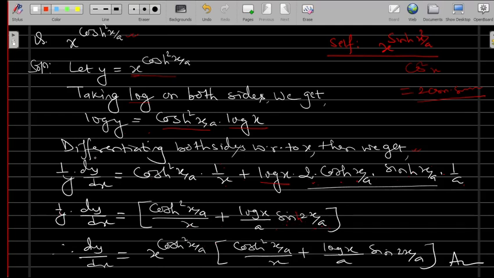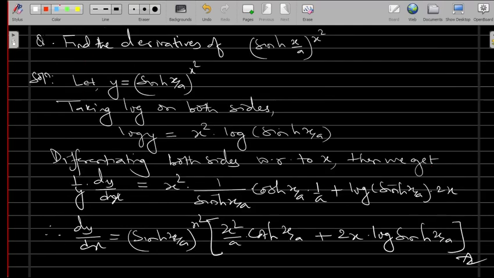Finally, the value of y is x to the power hyperbolic cos square x by a, so dy by dx is x to the power hyperbolic cos square x by a times this part plus this part, and we should not forget to write log x by a times hyperbolic sine 2x by a. That is the answer for this question.